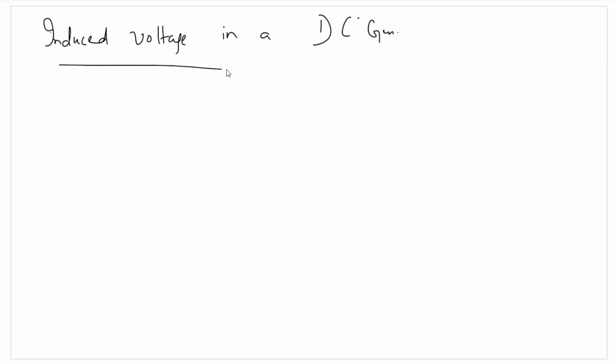Now deriving the induced voltage in the case of a DC generator. We already know that the basic equation that gives the voltage induced in one conductor is E equal to VBL. Now we have a winding.